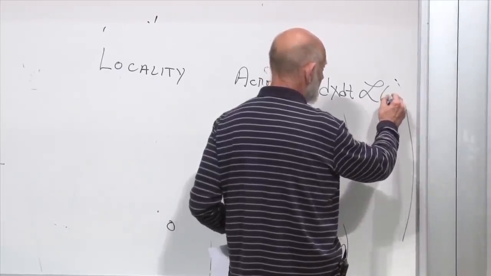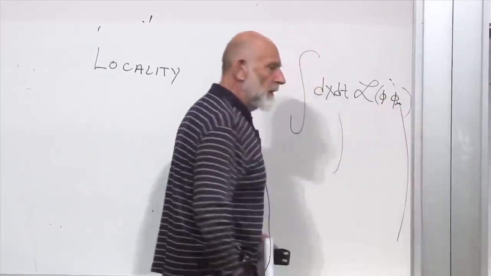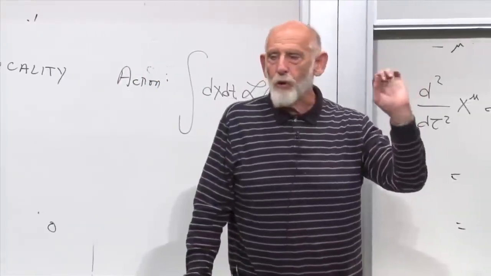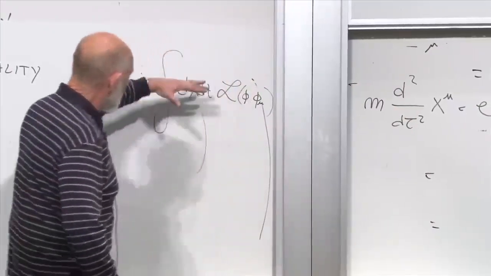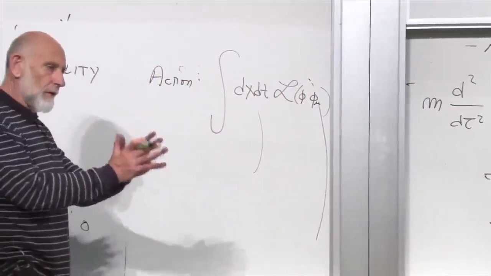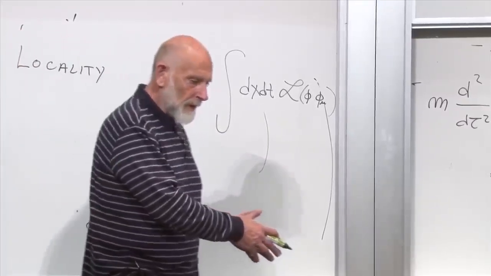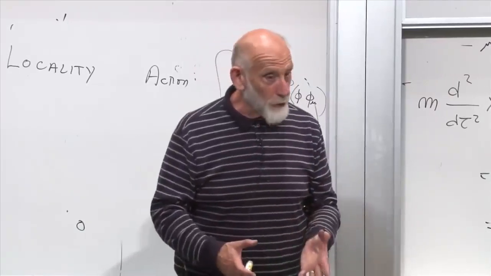Let's say fields and their derivatives. In other words, it depends on data which has to do with local nearby concepts. And you add up the action point by point by point in space, and what comes out is differential equations.